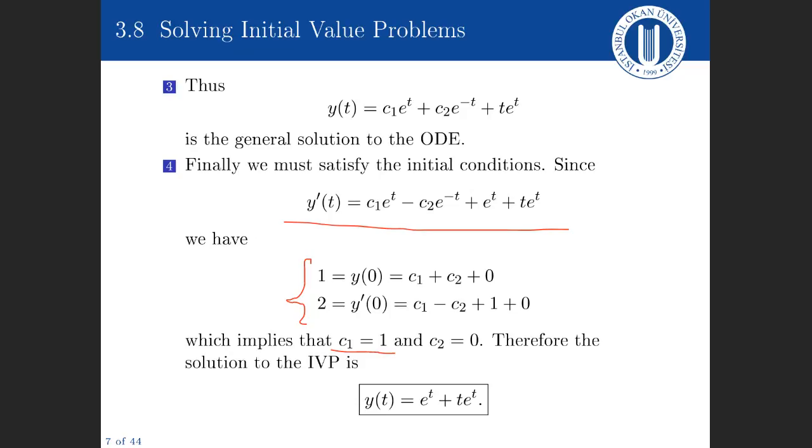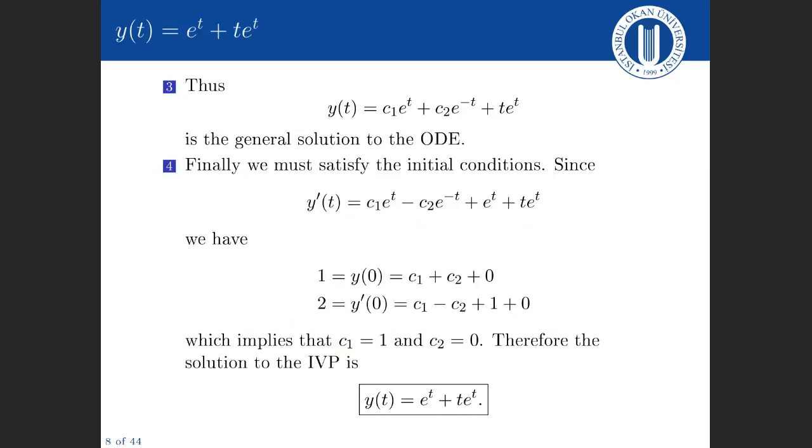That tells us that C1 must be 1 and C2 must be 0. So then we can write down the solution to the initial value problem: e to the power t plus t e to the power t. I'm going to write this at the top for the time being, because we're going to be looking at this again.